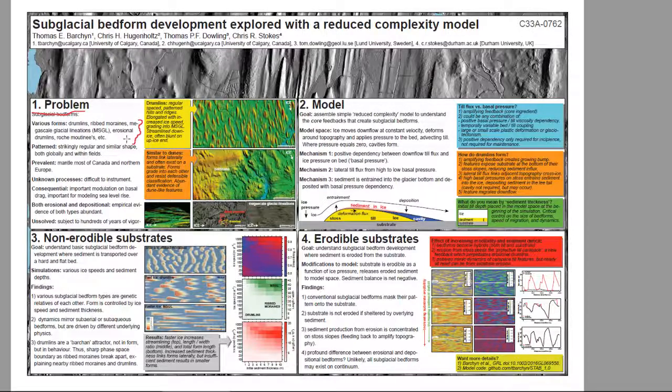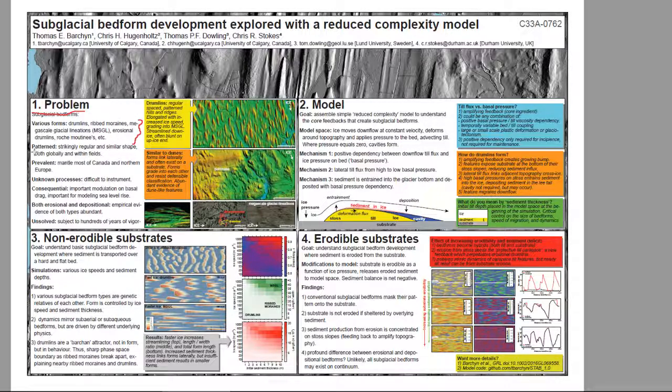There's things called drumlins, which are narrow hills that elongate along with the ice. Rib moraines, Rogen moraines, they're hills that form perpendicular to the ice direction. And megascale glacial lineations are these incredibly long hills, can be even well over several kilometers long, that align with the ice direction. So there's a whole bunch of different forms that fall under this umbrella of subglacial bed forms.